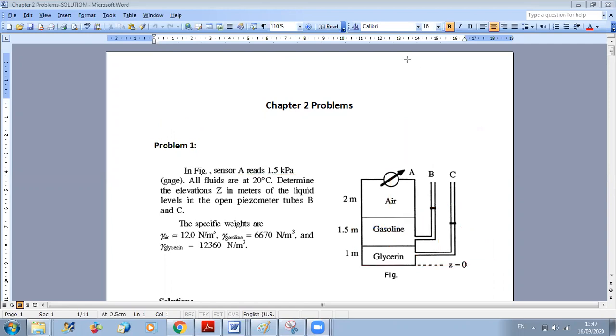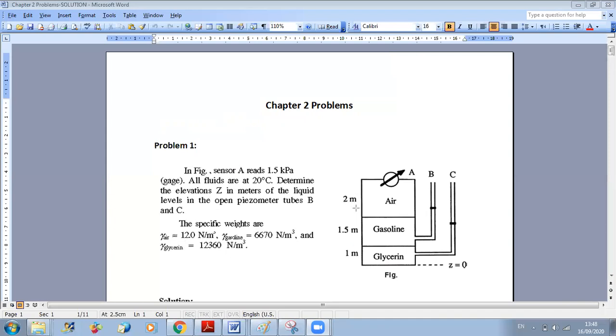Let me check your chats first. Okay, Hadi, concerning air in general, when you have air with other fluids of higher density, you can neglect air. But because they already gave you gamma of air, take it into account even if it is negligible. Of course here you can neglect it, because look, you can compare gamma and the elevations.